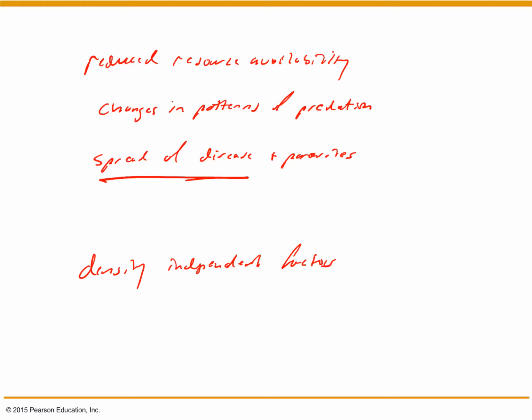All right. So, environmental events that affect the population regardless of the number of individuals, or where the proportion of individuals affected is the same at any density. This is what density-independent factors are. They tend to be environmental catastrophes like floods, fires, storms. They will typically affect the same proportion of a small population as they do a large population, and that's why they're referred to as density-independent.